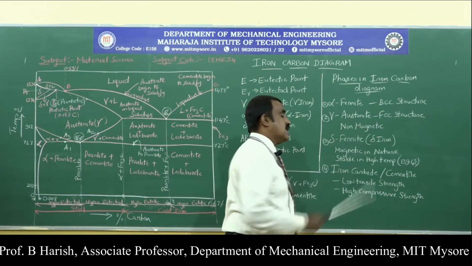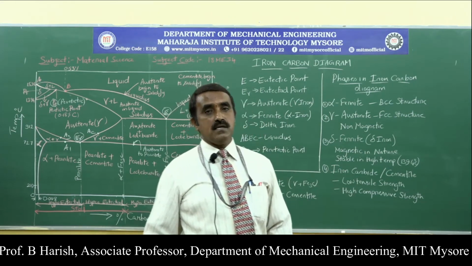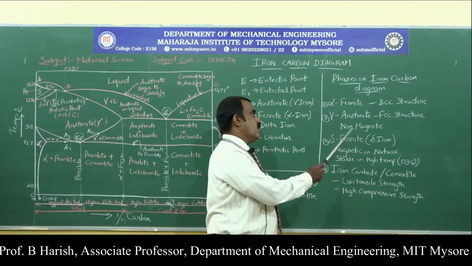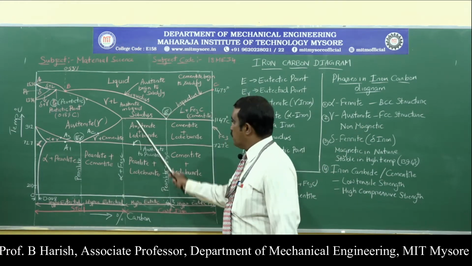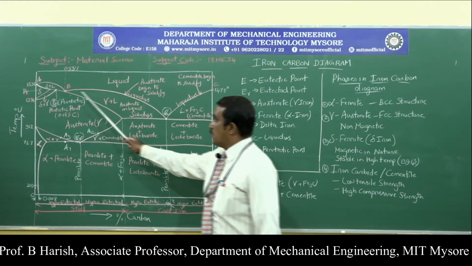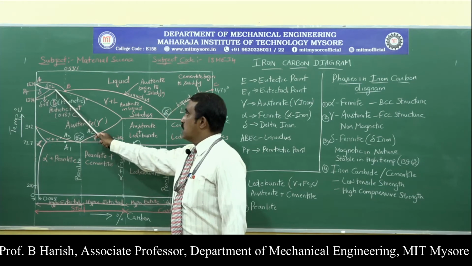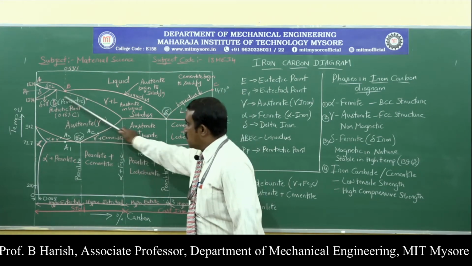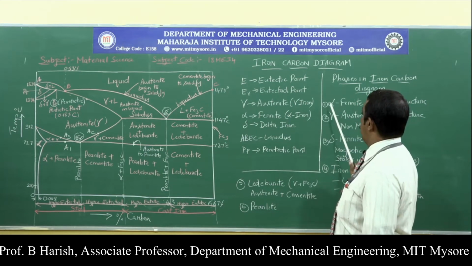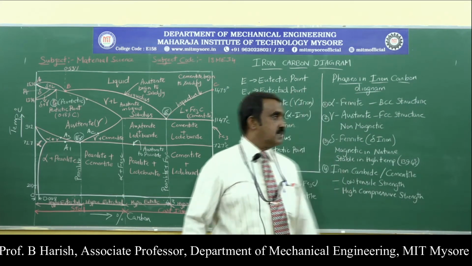It will have an FCC structure. It extends up to a carbon percentage of 2.7% and up to a temperature of 1394. So this region is your austenite, gamma austenite, among alpha, gamma, delta.